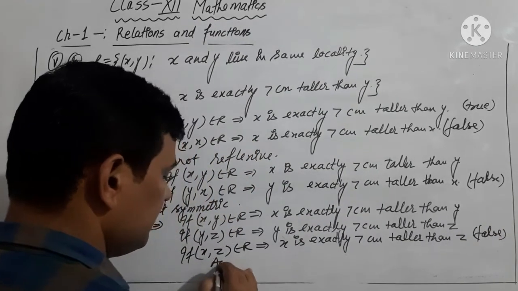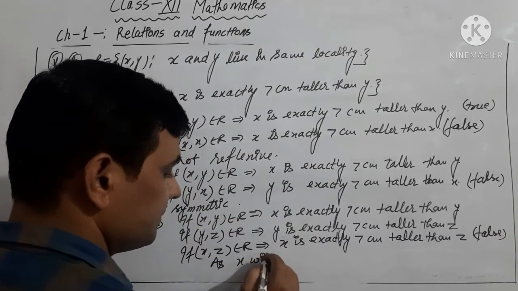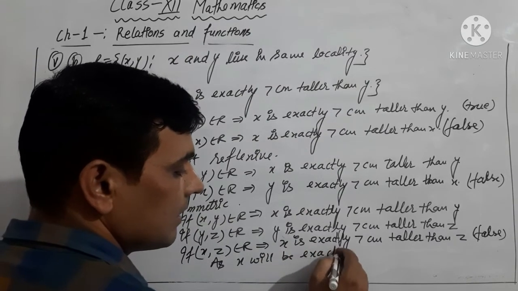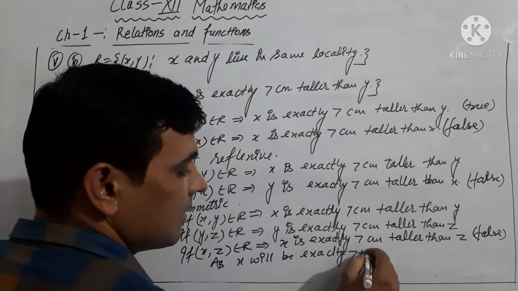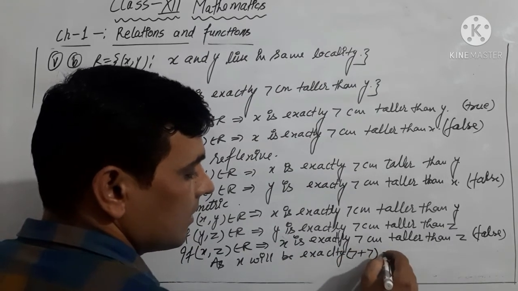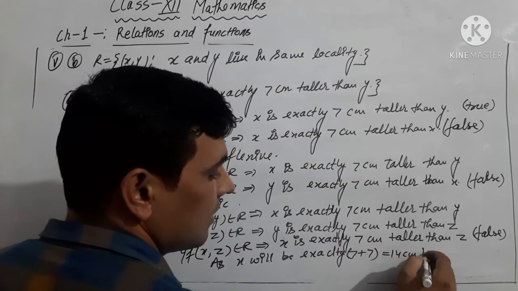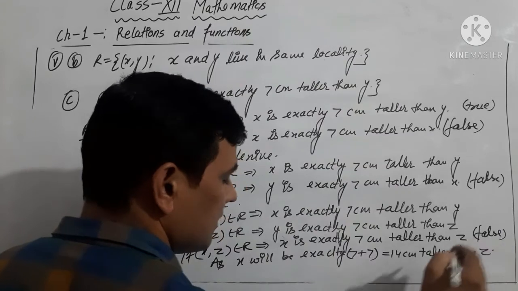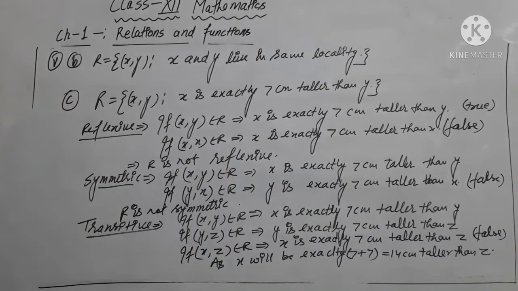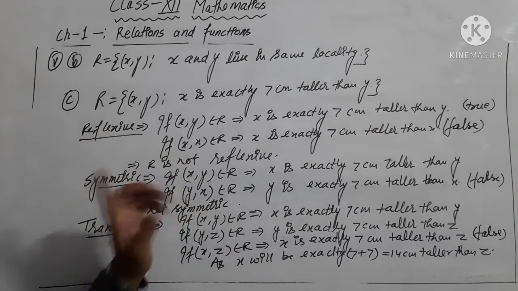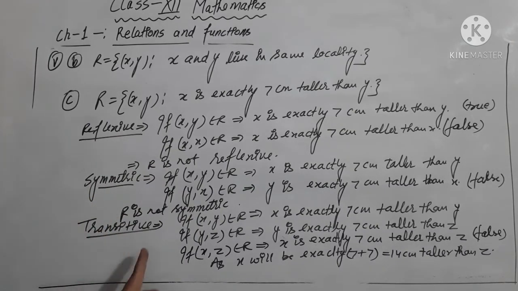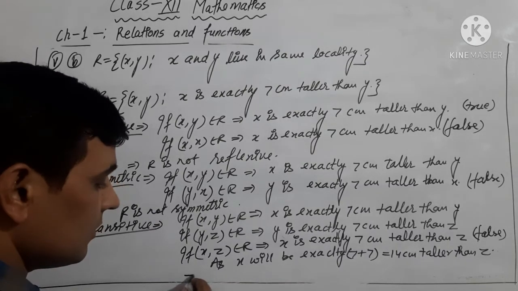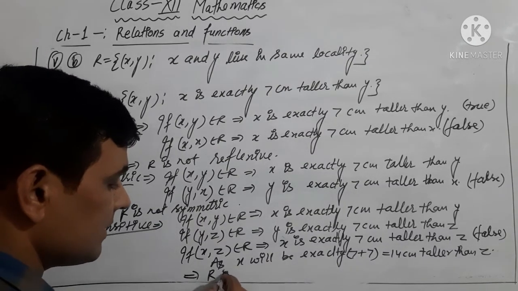As x will be exactly 7 plus 7, equal to 14 centimeter taller than z. So R is not reflexive, not symmetric, and not transitive. So this implies that R is not transitive.